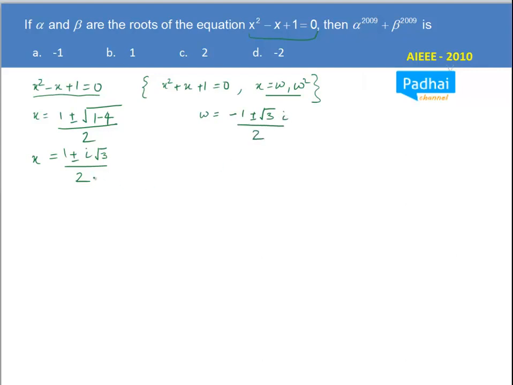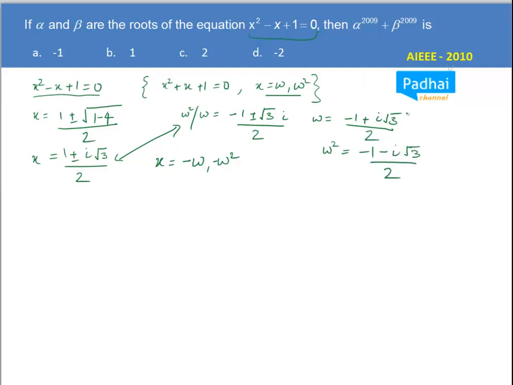So basically if we compare these two, x is equal to basically minus omega and minus omega square. Alright, so we know that omega is equal to minus 1 plus iota root 3 by 2, and omega square is equal to minus 1 minus iota root 3 by 2.